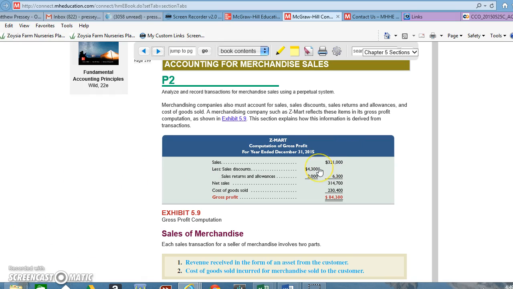First, the sales discounts that they may issue would be deducted from sales, and also the sales returns and allowances to get you to net sales. And then there's the cost of goods sold to get you to gross profit. Gross profit is going to be different, like I said, from net profit because the net is actually going to be after all other operating expenses are deducted. So be sure to note that difference.